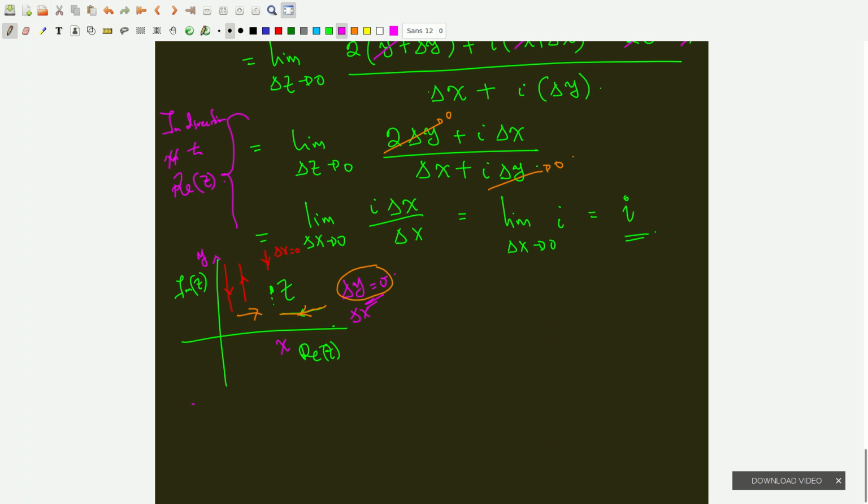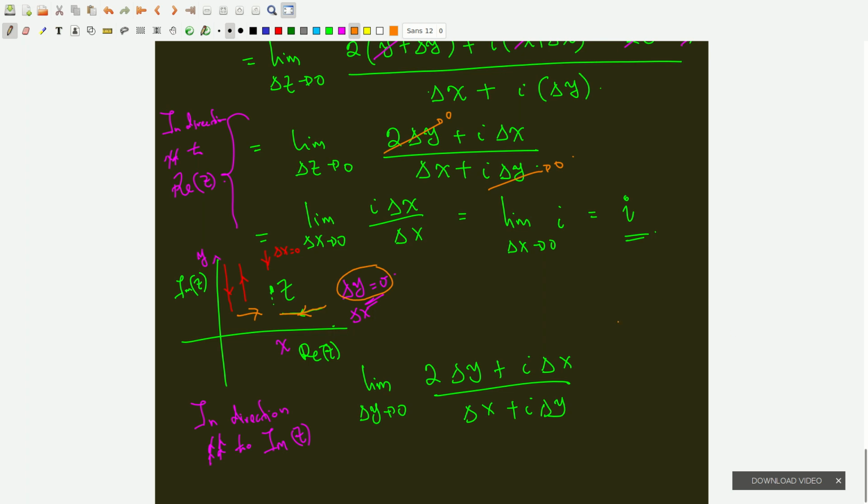Now what about if we move in a direction parallel to the imaginary part of z? We would say the limit as delta y approaches 0 of 2 delta y plus i delta x divided by delta x plus i delta y.